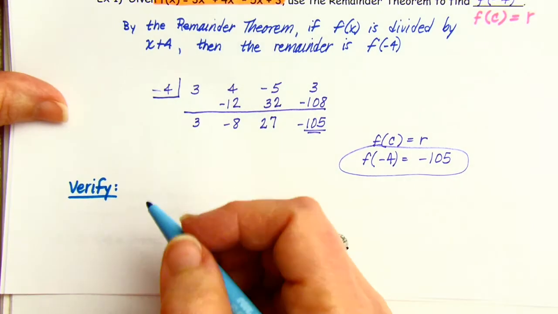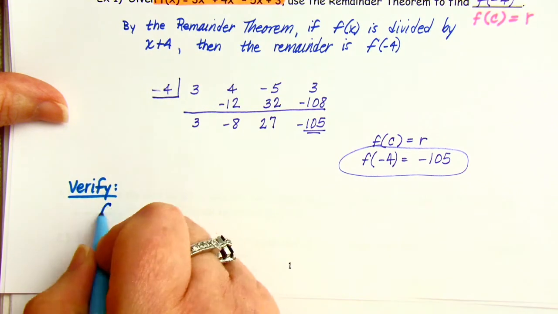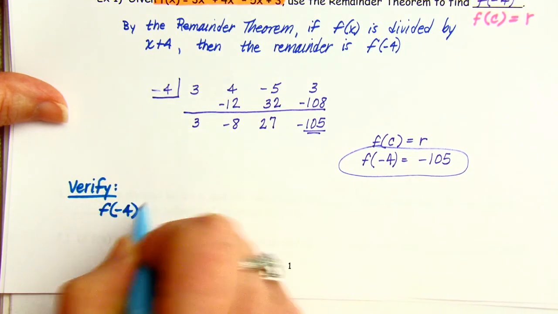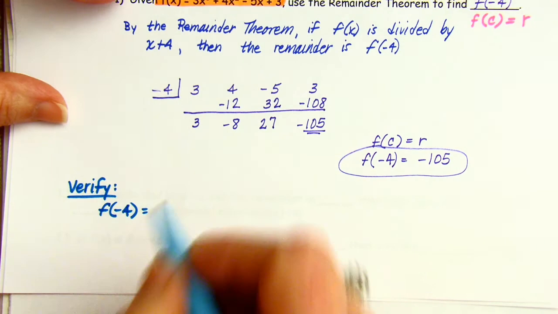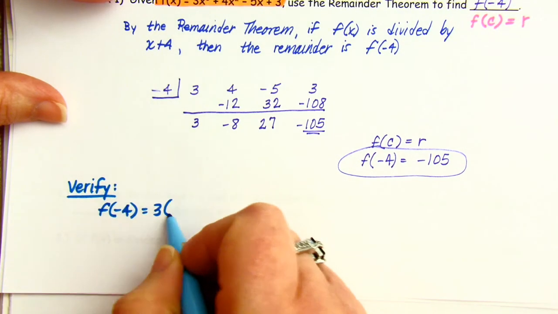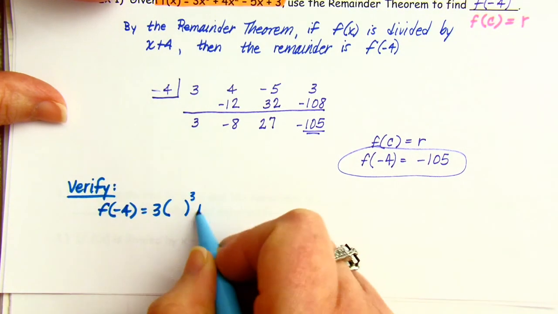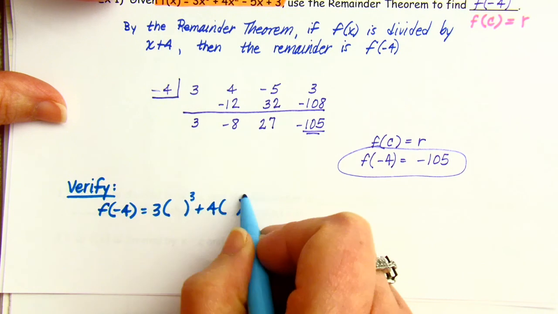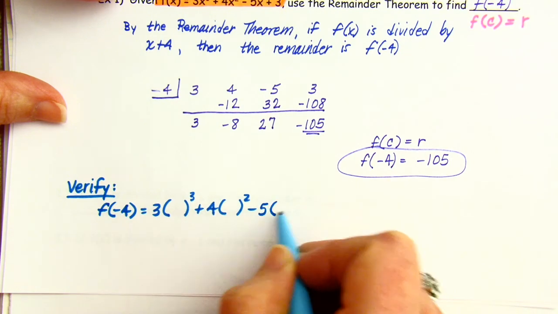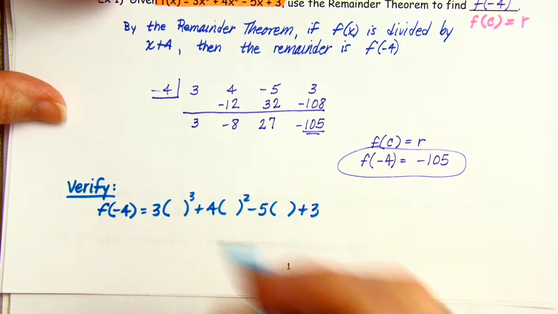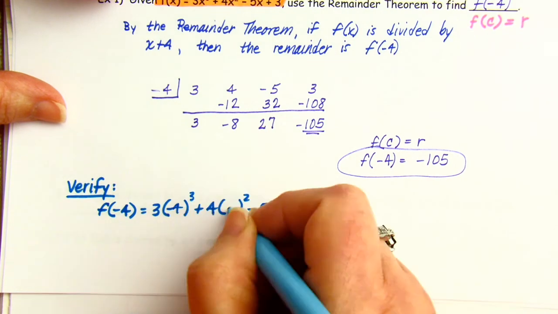All right, but we can verify this. f of negative 4. Remember the old way, I take the polynomial function 3x cubed plus 4x squared, subtract 5x plus 3, and I evaluate it at negative 4.